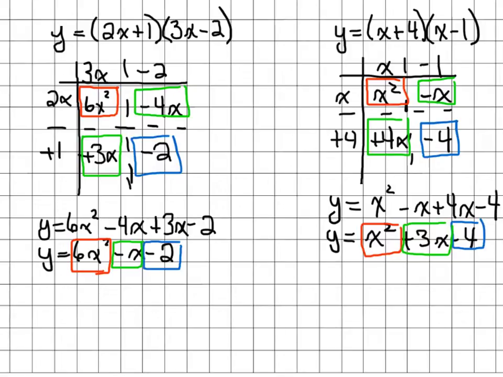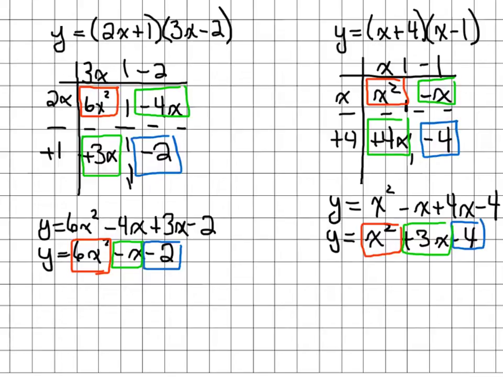One of the other patterns that we should be able to notice is that if you look at this and this, if you multiply those two together, you get negative 12x squared. If you multiply these two together, you also get negative 12x squared. Kind of interesting.